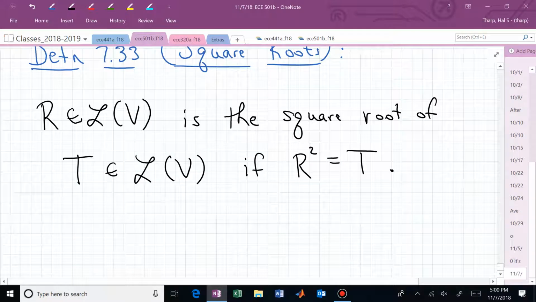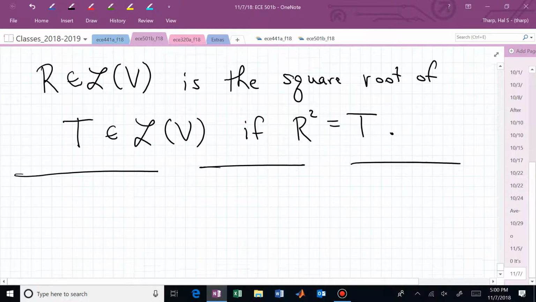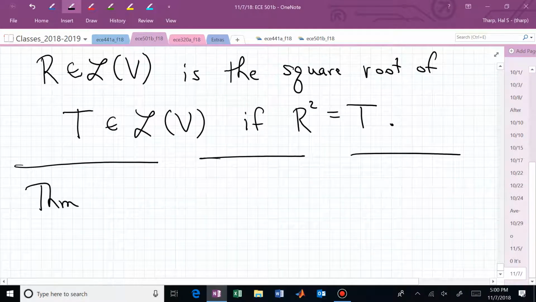What are some characteristics of a positive operator? Or what's a characterization? And that's now Theorem 35.